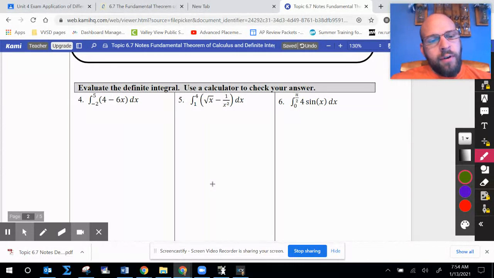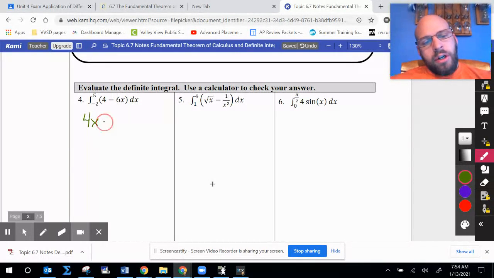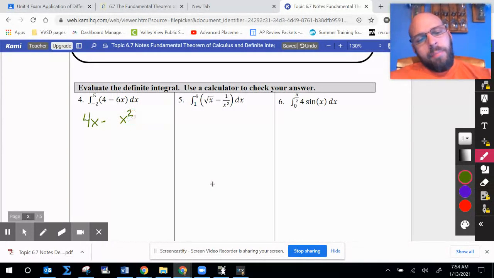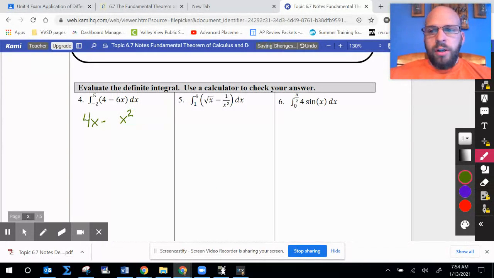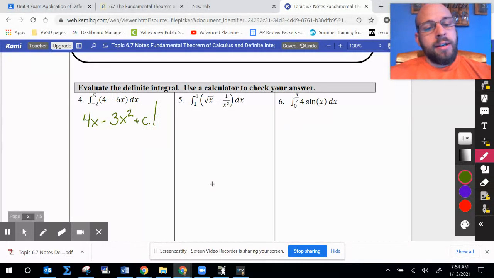So the antiderivative of 4 is 4x. Why? Because the derivative of 4x is 4, so we're good to go there. If I have a -6x, I'm going to raise that up a power, so it's now going to be squared. If I multiply that 6 in front by the reciprocal, that's just going to give me a 3. 6 times 1/2 is just 3. I am going to put a plus c, but you're going to see in a second that I don't really need that. -2 to 5.